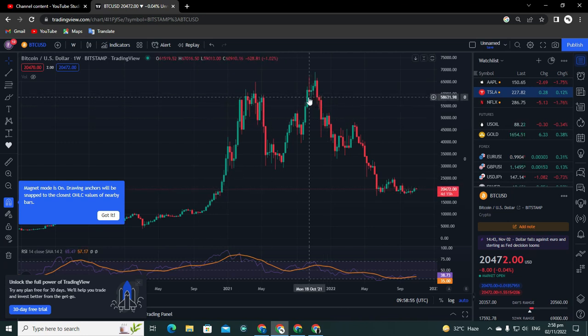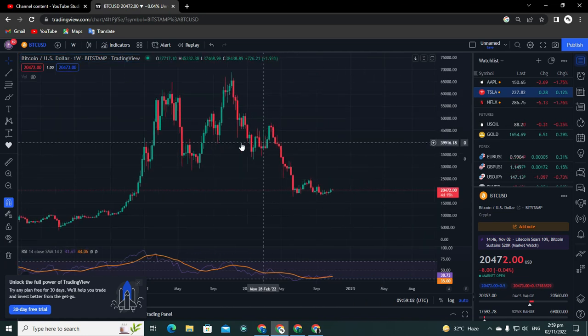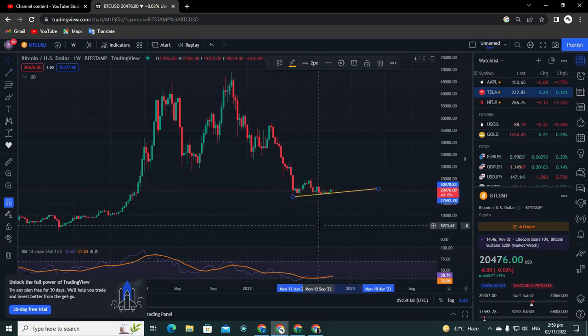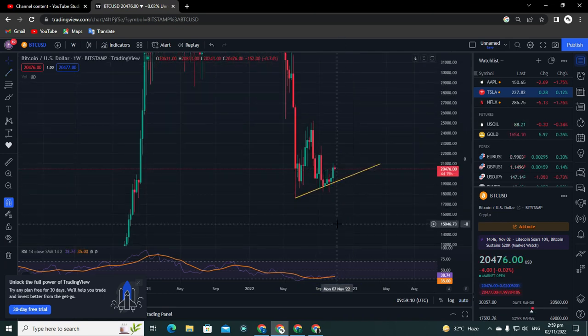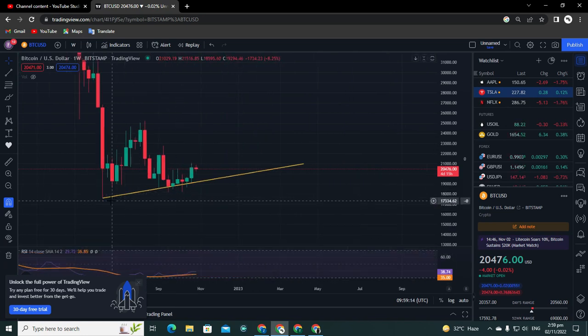Okay, now if you click here, okay, got it. Magnet mode is on. You will draw a line from here. It will automatically put that line to the bottom of that, or if you are considering the top, on the top of that. And now you can see that the line is exactly starting from the bottom.